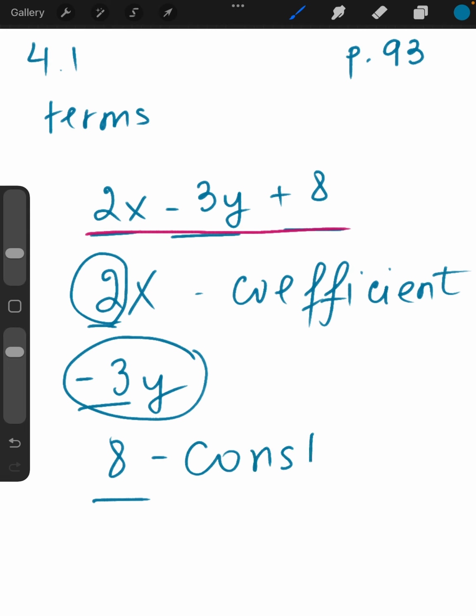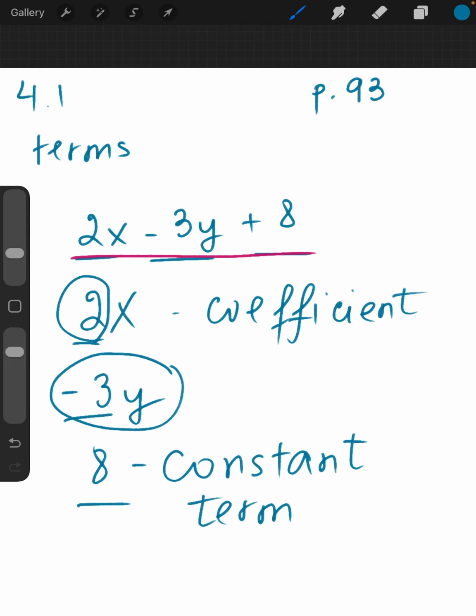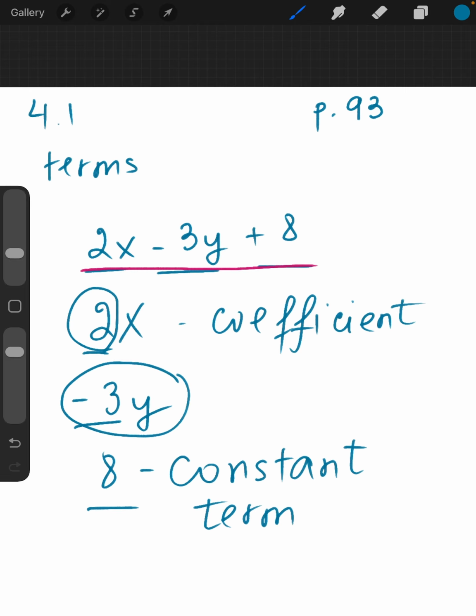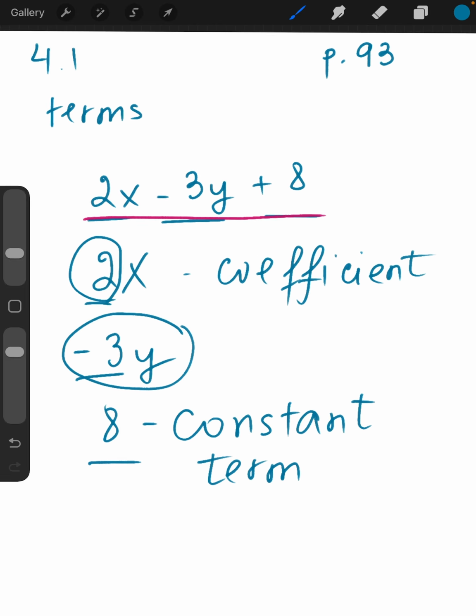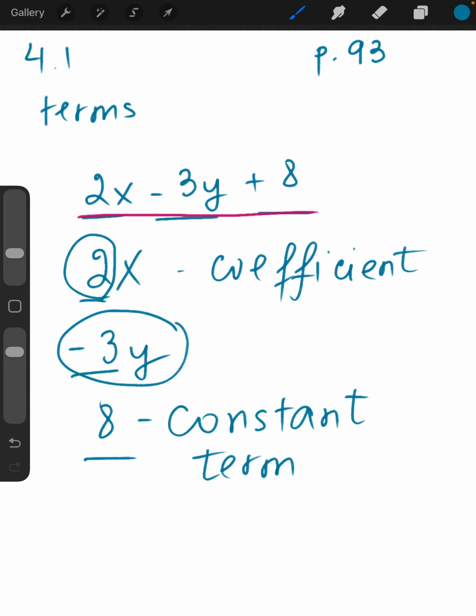Can you think why we call 8 a constant term? It's because its value will never change, right? It does not have a variable attached to it. All right, so just in these few minutes, we have learned a few code words for algebra.